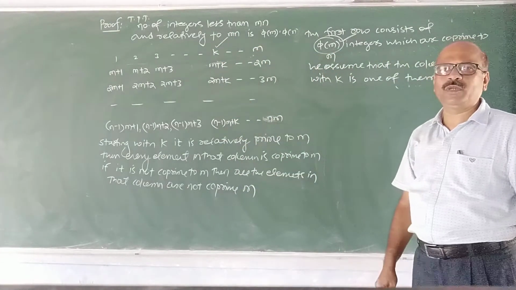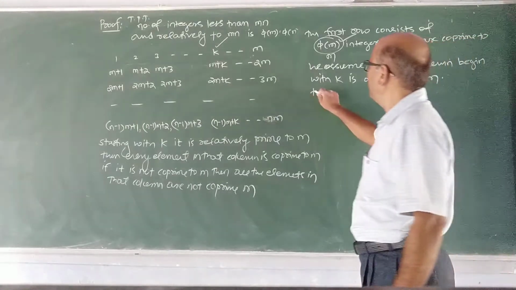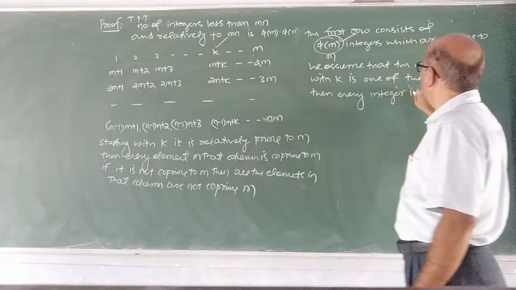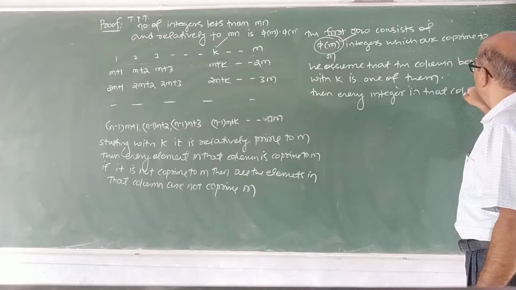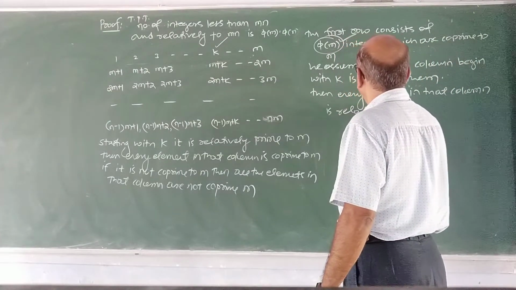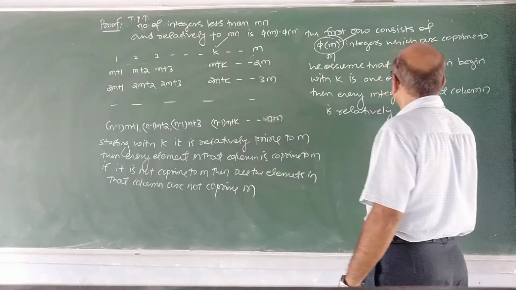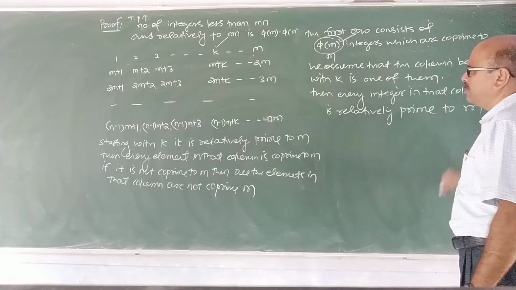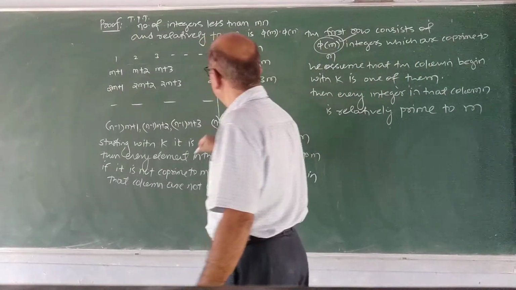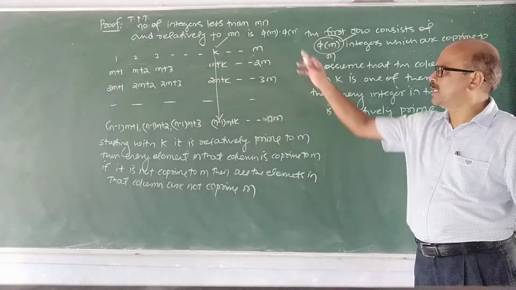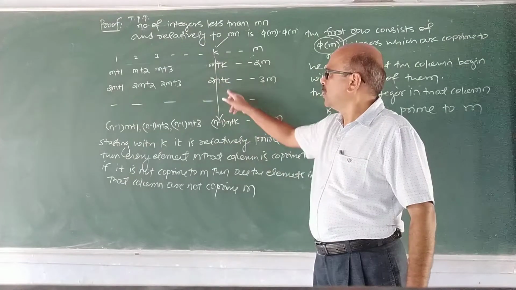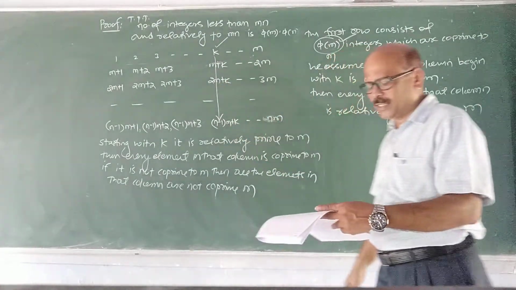That is relatively prime to m and less than m. Then every integer in that column is relatively prime to m. How many integers are there in that column? N integers, because n rows are there.